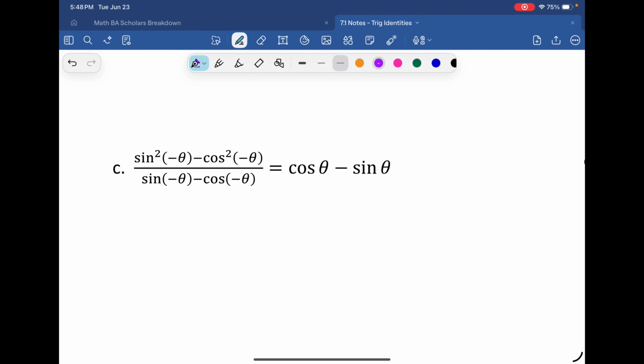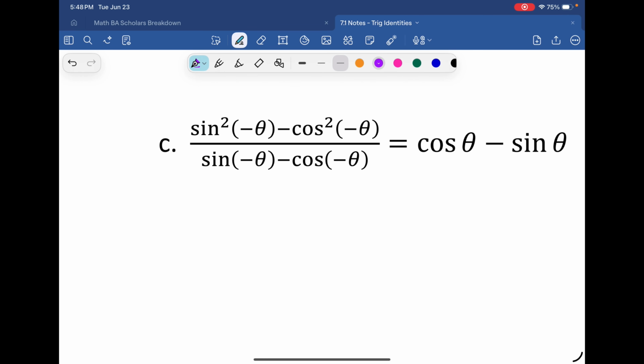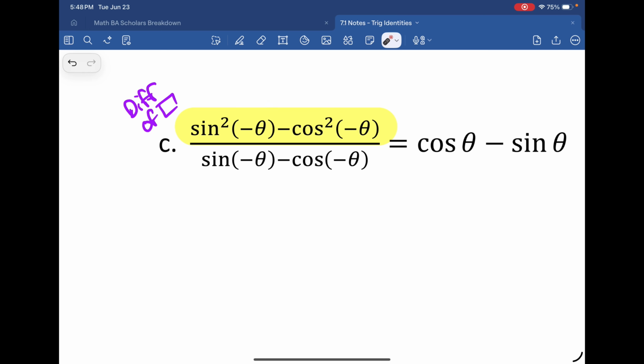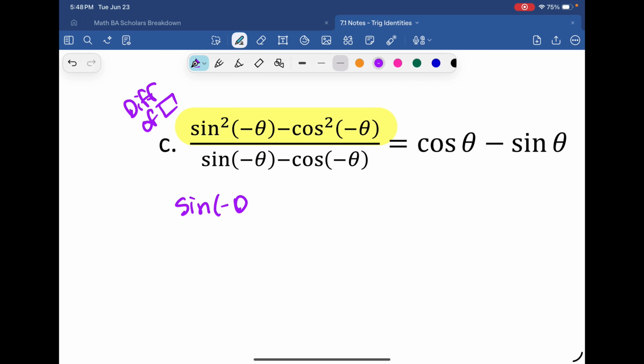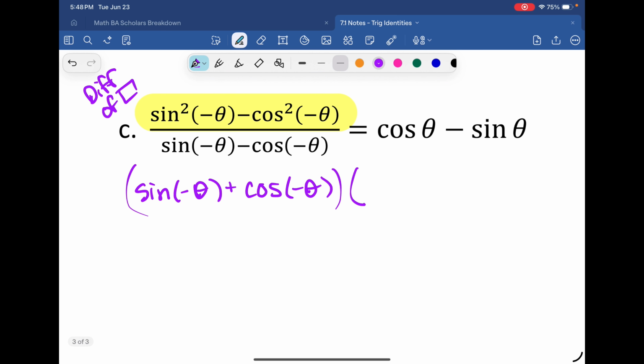So as crappy as this looks, okay, your numerator here. This is a difference of squares. Okay, and I know that because I have a subtraction sign in the middle, and these are both squares. So we take the square root, and we add, and subtract.